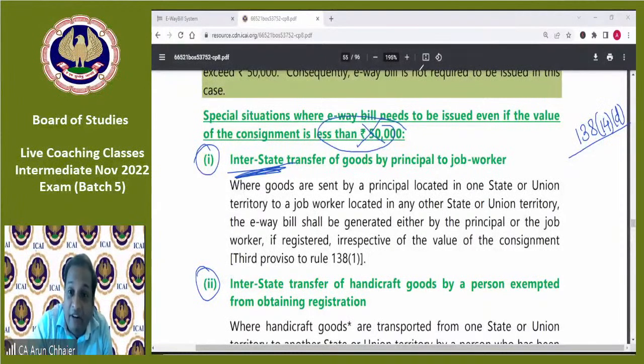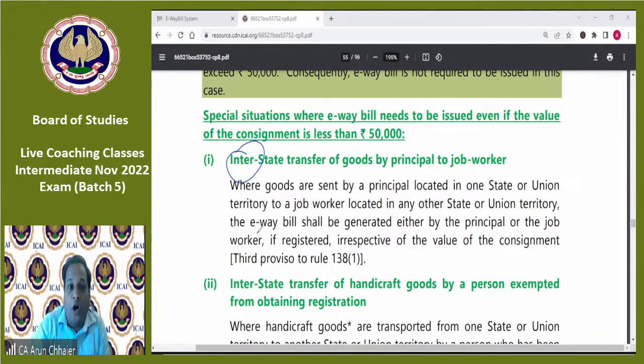Why is the word interstate written, not intrastate? So in the exam, please do not make the mistake of writing intra. Your answer would be incorrect.